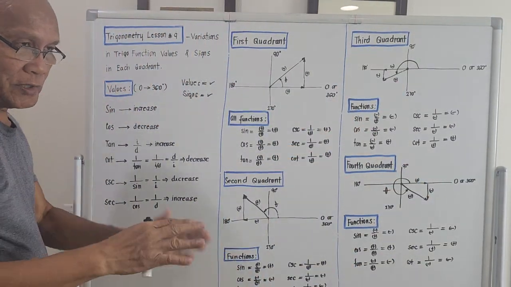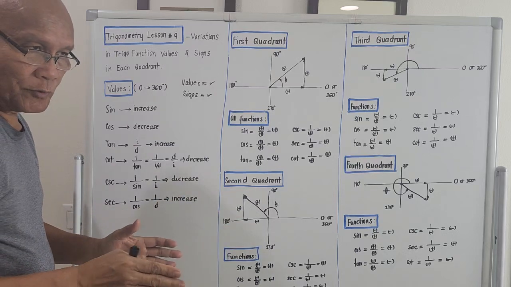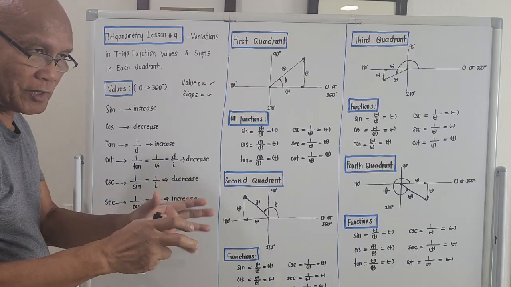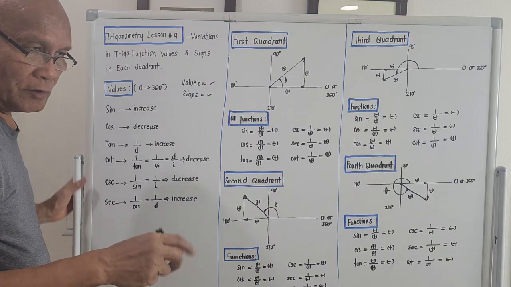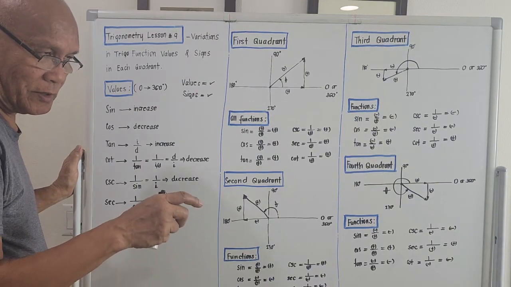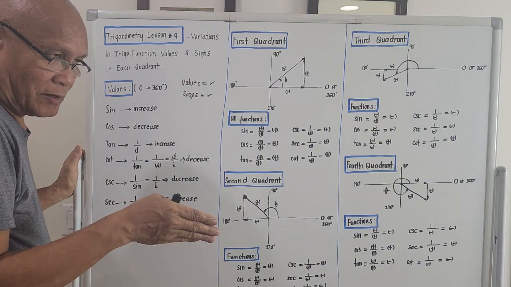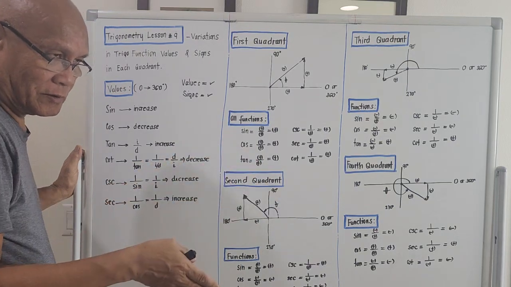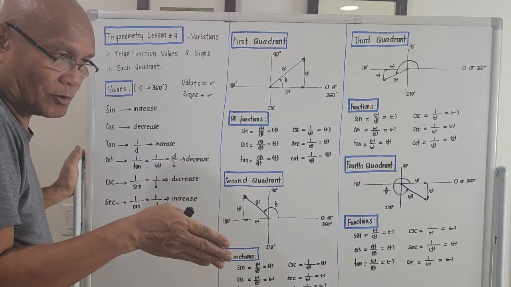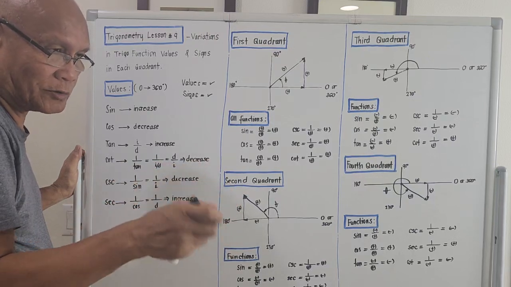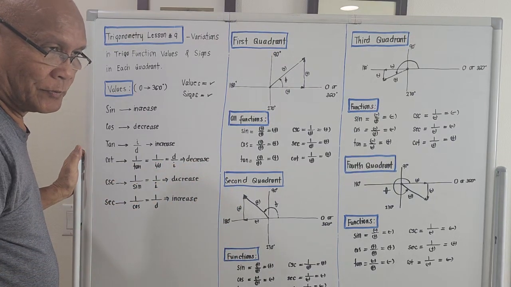So without using any calculator, if you are given an angle from 0 to 360 degrees, and the problem is asking you what will be the proper sign of that trigonometric function, at least you should know what will be the proper sign without using a calculator.